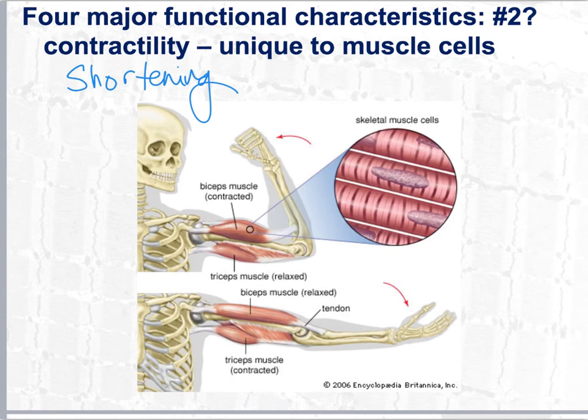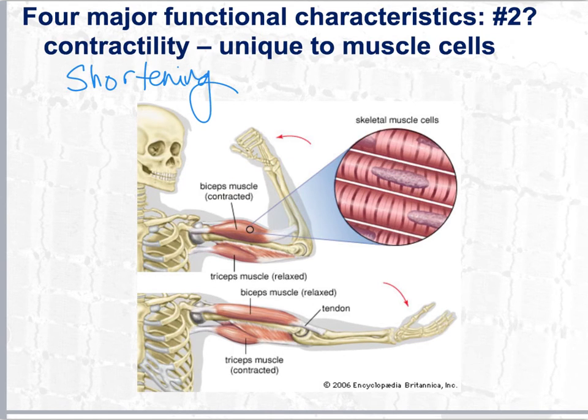Here you can see the biceps muscle, and it is attached up by the shoulder, and then down here on the radius. So when the biceps muscle shortens, when it contracts, it pulls the forearm up toward the sky, let's say. It pulls it up.